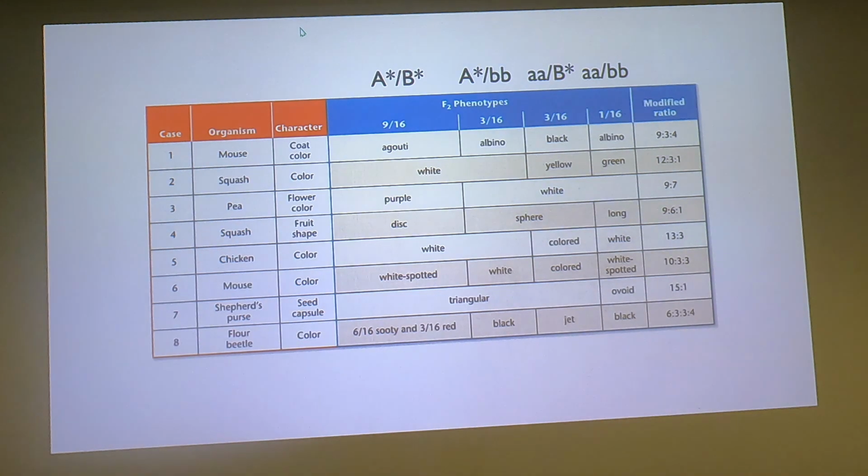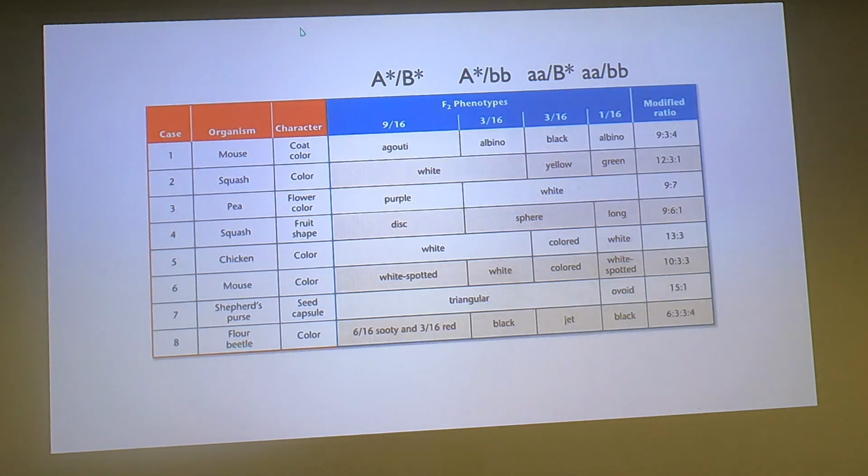So if we're saying we've got two genes we're dealing with, A and B, and we look at a dihybrid cross, the 9/16 is the dominant one. That's where you have the dominant phenotype at A and the dominant phenotype at B. And the way you get it is with this combination, where the asterisk means don't care. You could be big A, little a, or big A, big A, it doesn't make any difference. You're going to have the big A phenotype.